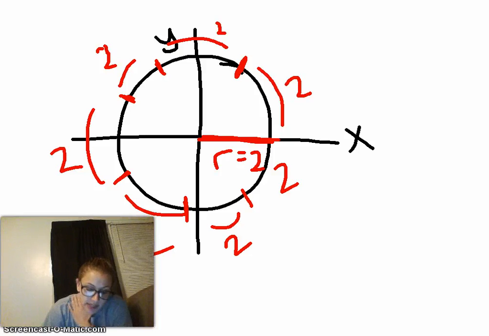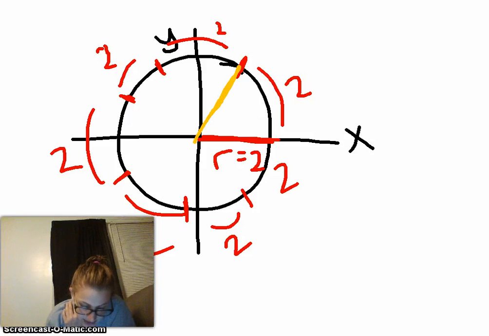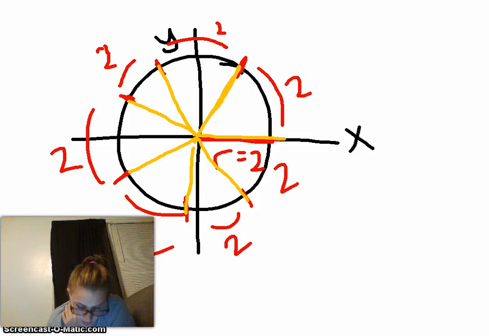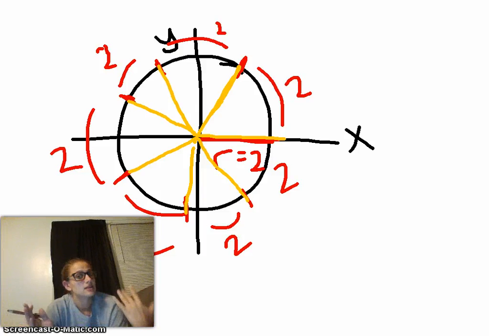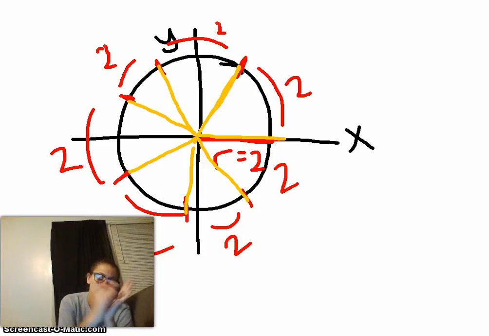For each of these pieces, where each of these little hash marks are, I could break my circle into little slices. It looks like pizza. Each of these pieces that has an arc length of 2 breaks into one of these little wedges.